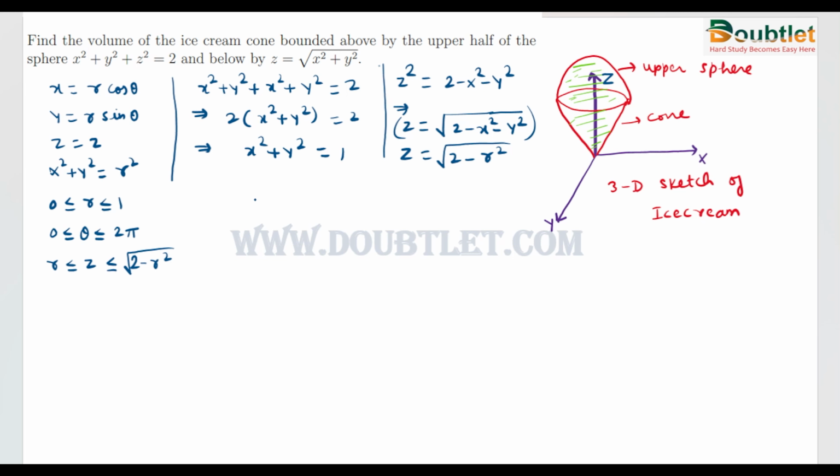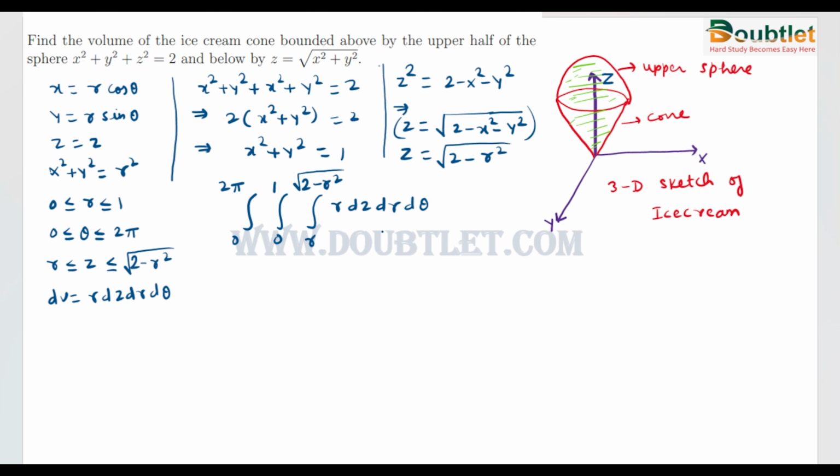Now we will solve this using a triple integral. We know that dv is equal to r dz dr d theta, so we will directly integrate r dz dr d theta. Theta varies from 0 to 2 pi, r varies from 0 to 1, and z varies from r to the square root of 2 minus r square.